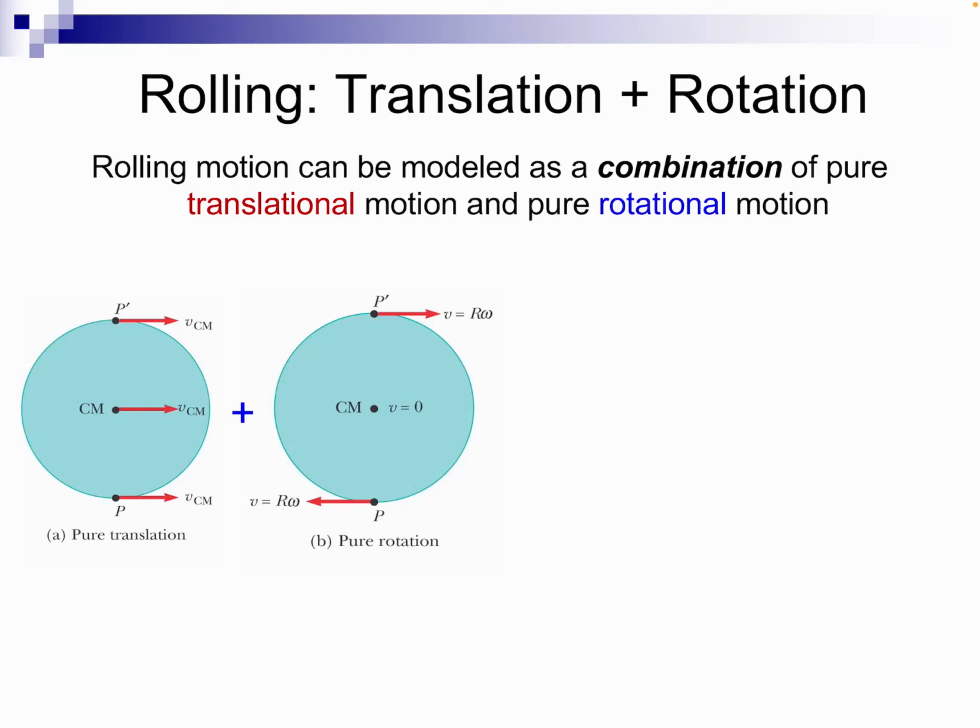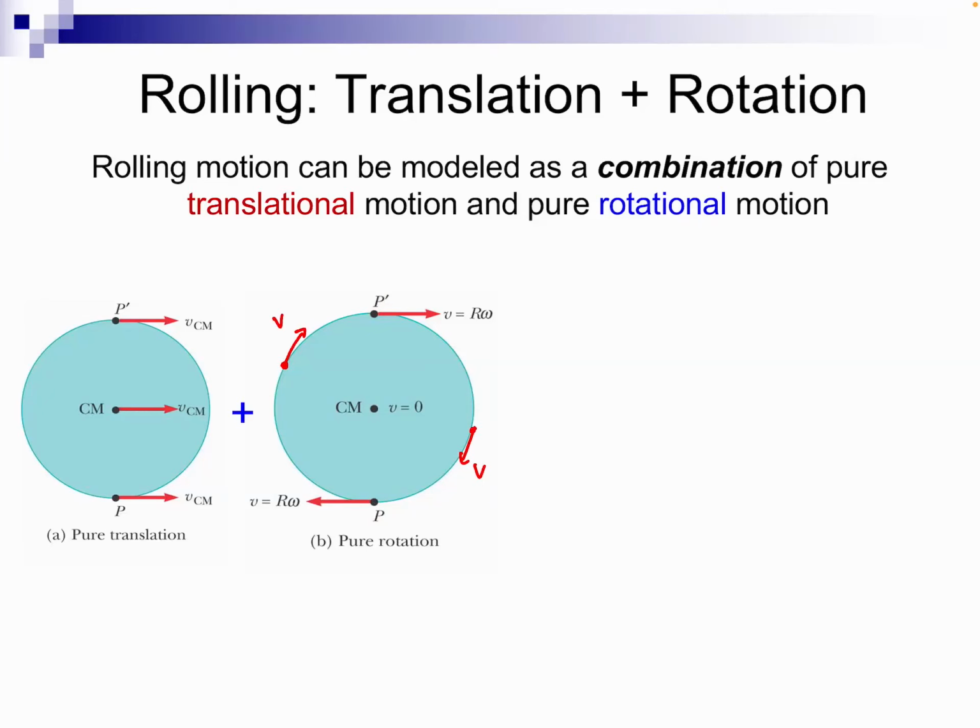At the top, you have tangential velocity like so, and tangential velocity at the bottom in the opposite direction. Of course, you'll also have tangential velocity at each point, but we're just interested in the tangential velocities at the bottom and at the top.